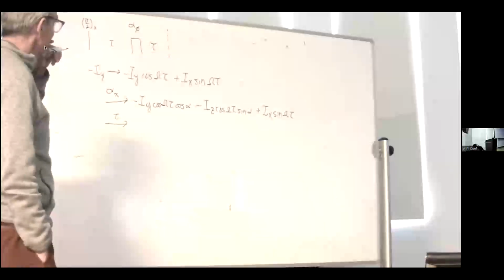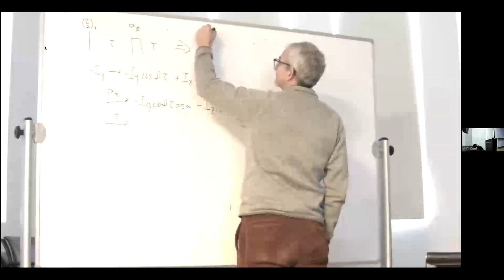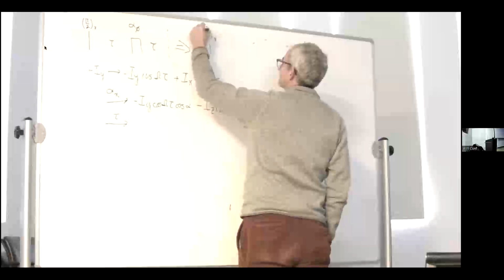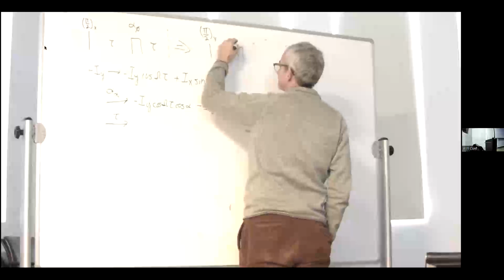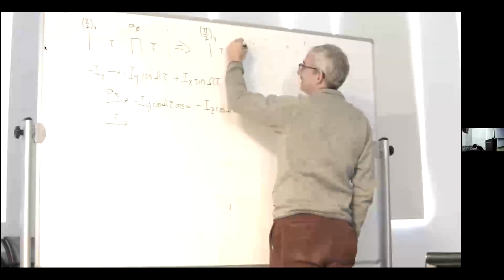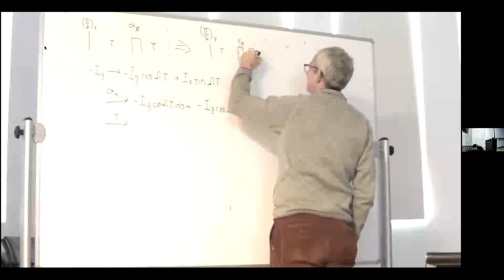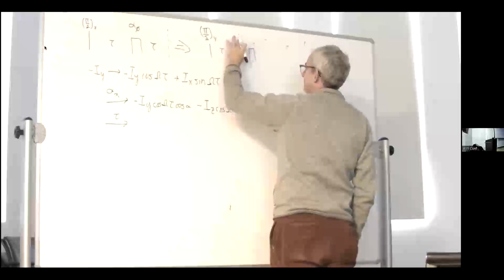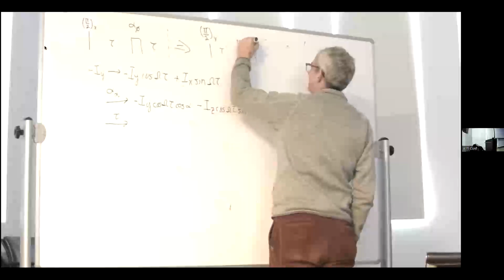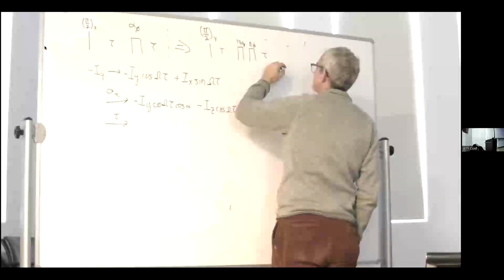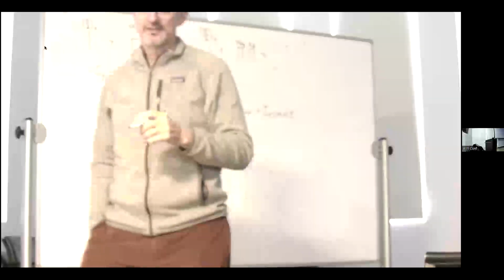If we imagine this as an alpha pulse, an epsilon pulse of phase phi, and then let's do it the other way. A 180 pulse of phase phi, and then an alpha pulse of phase phi.